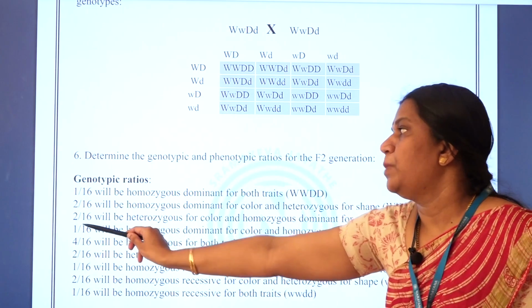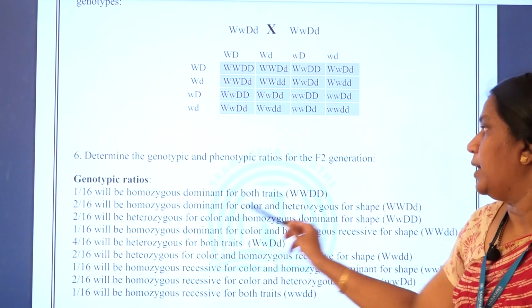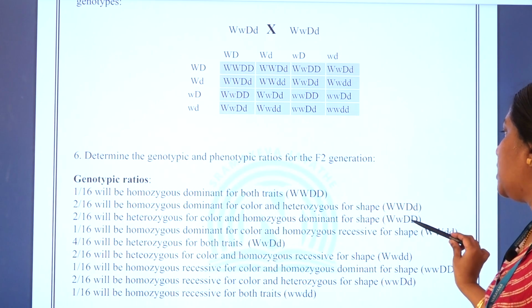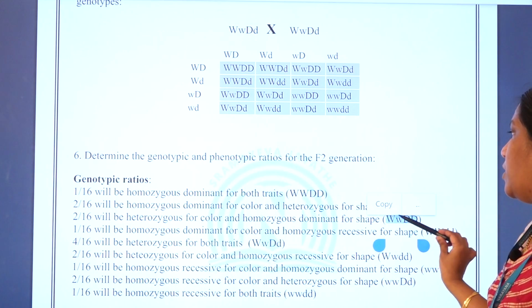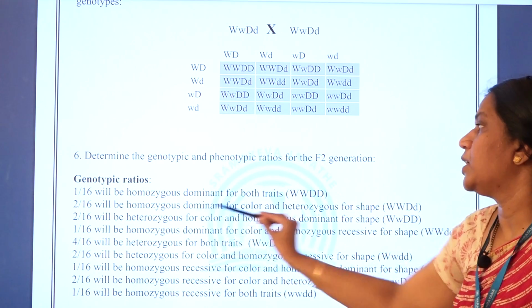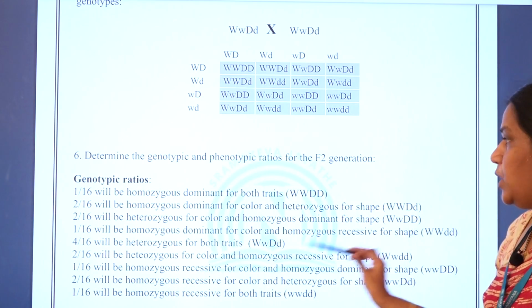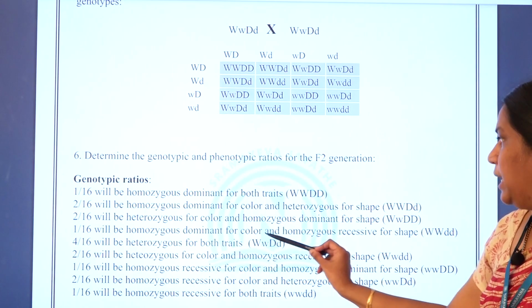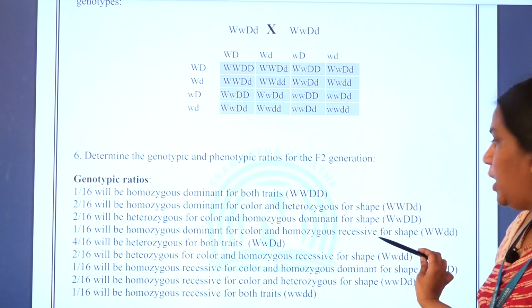Next, 2/16 will be heterozygous for color and homozygous dominant for shape, that is capital W small w, capital D capital D. The next one is 1/16 homozygous dominant for color and homozygous recessive for shape.